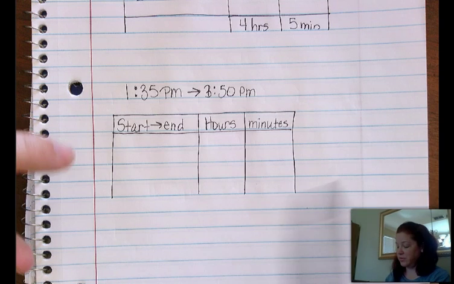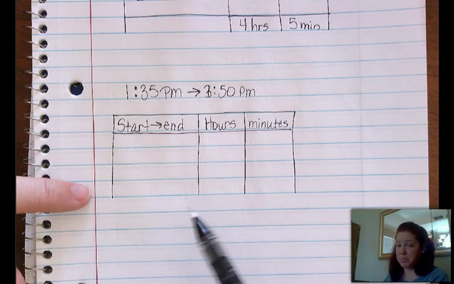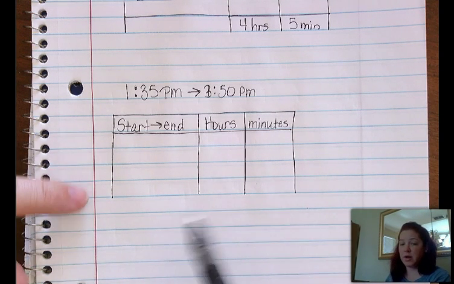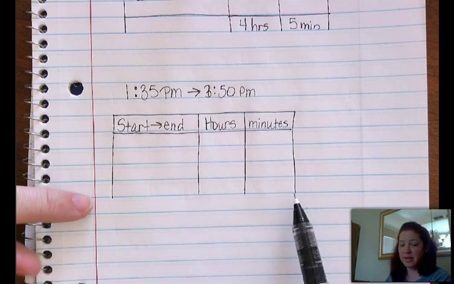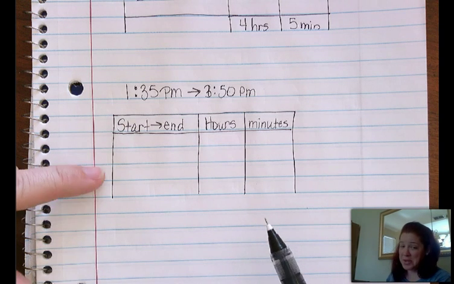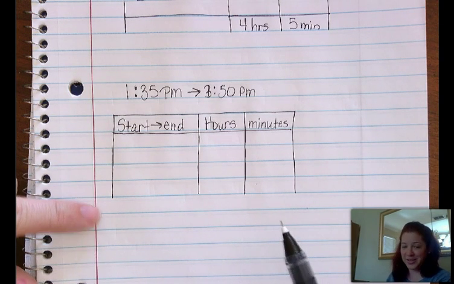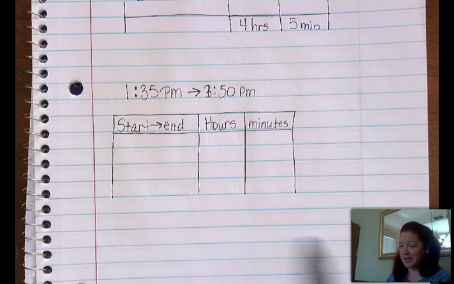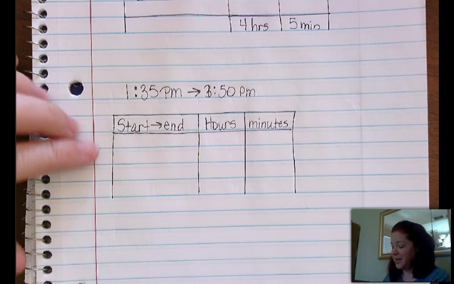Now I don't know if you guys notice, but the majority of the time when I make tables, I make them open-ended just in case I need a little extra room. I'm not always sure how many rows I'm going to need. So I just leave it open and close it off when I need it.